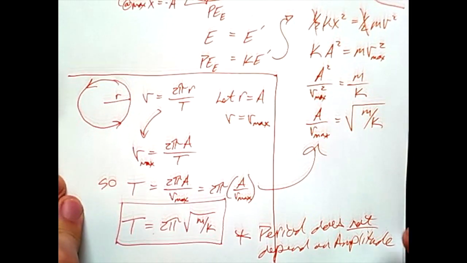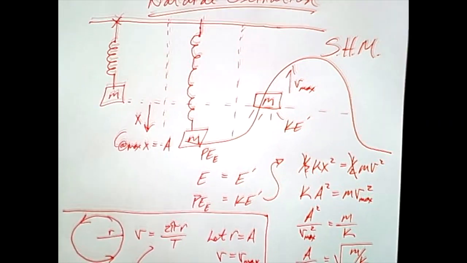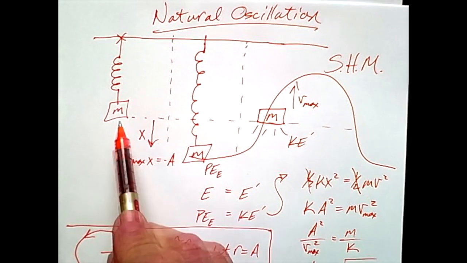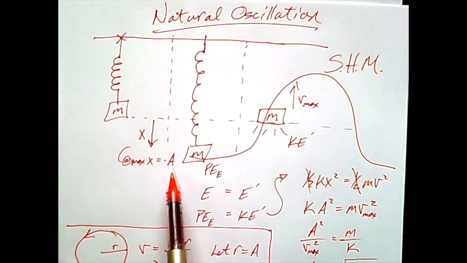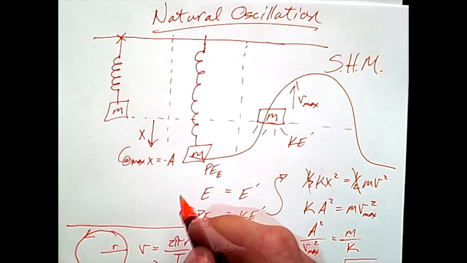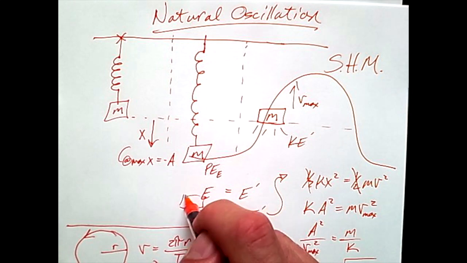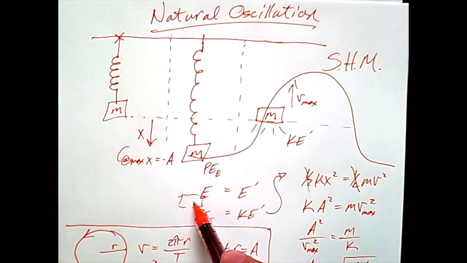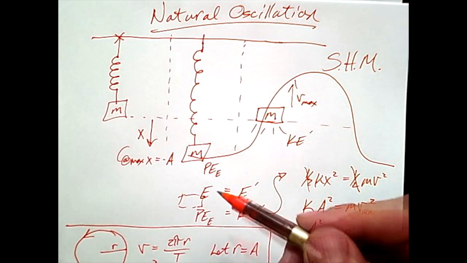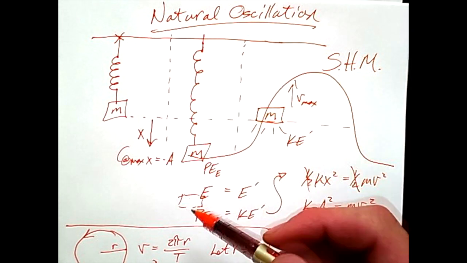So what we find is that if we go back to this system, if I were to take this spring and stretch it out such that A was even further, right, much further down here, there's no reason that the oscillatory time for the wave, for the repetitive pattern, would change. And that has to do with the fact that as I stretch out the spring, it applies more force.